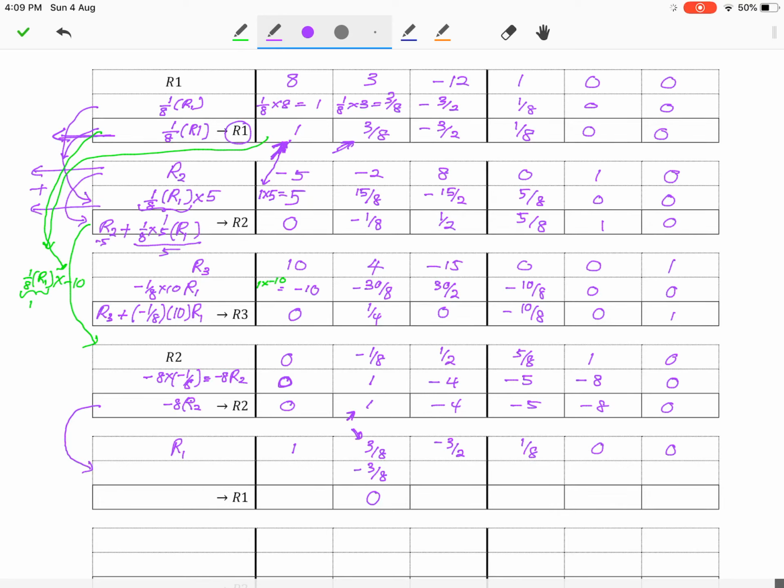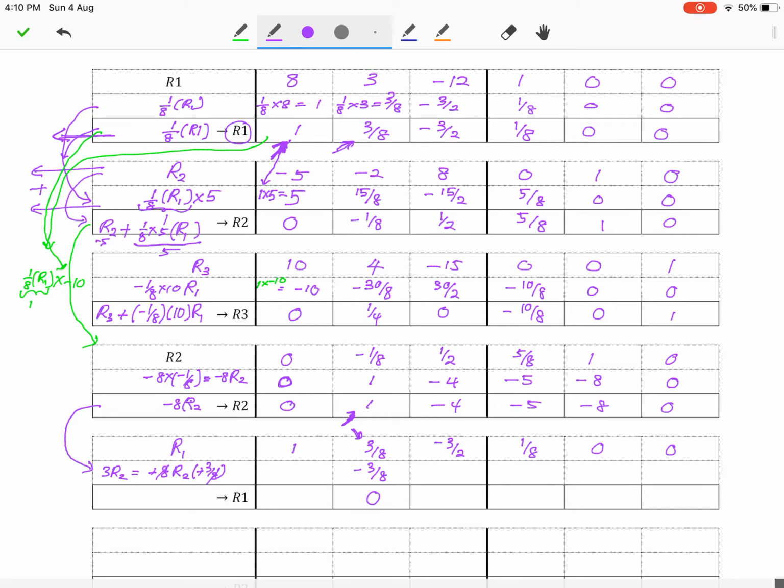So what I did is negative 8 R2, which is currently 1 here, multiplied by negative 3 over 8. So I can rewrite this as 3R2, because the 8 and 8 here will cancel, positive negative will become positive.